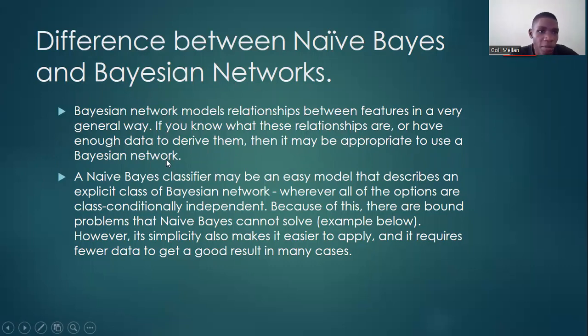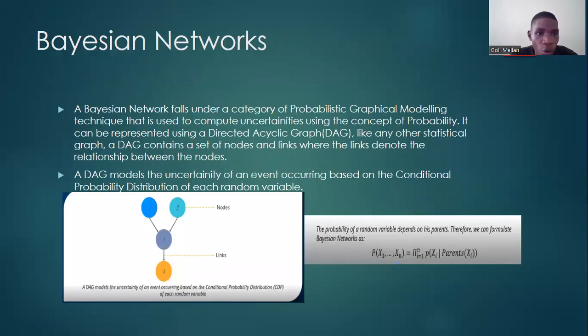Like we saw, a Bayesian network consists of nodes and links. The links denote the relationships between the nodes. Like we saw in the previous diagram, node 3 is dependent on nodes 1 and 2, and node 4 is dependent on node 3.